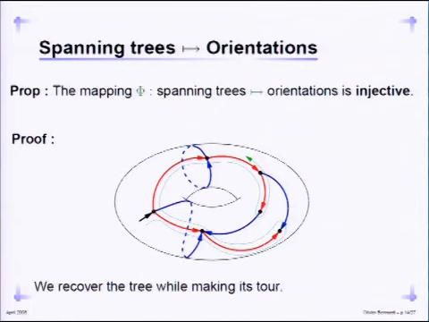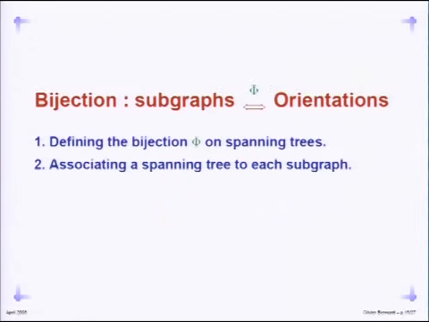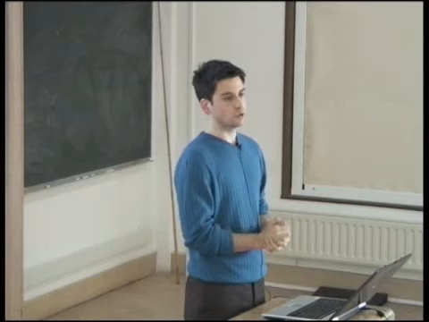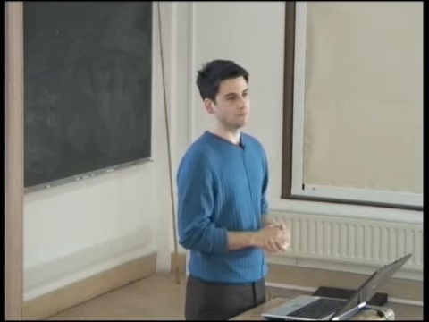And now we'll see how to extend this into a bijection between subgraphs and orientations, and this is where the polynomial will enter into play. And it will follow from this that all the orientations you have here are root connected, right? They are root connected, and they also have all different score vectors.